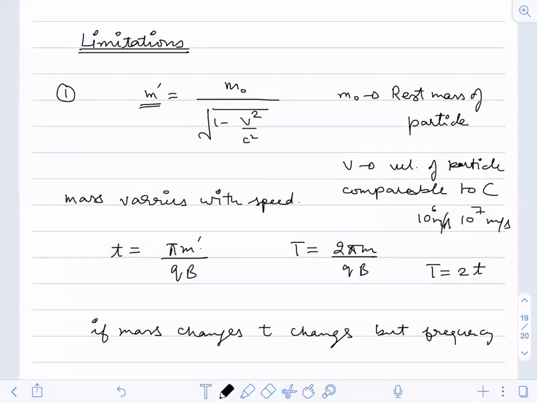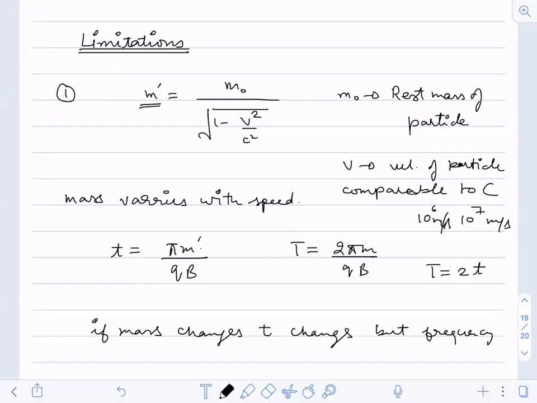Here we have written it in terms of mass, but actually it does not depend on anything. You just manually set the frequency of your oscillator. It is an entirely different, external setup. It has nothing to do with what is going on inside your cyclotron, and irrespective of that it will provide that particular frequency to you.